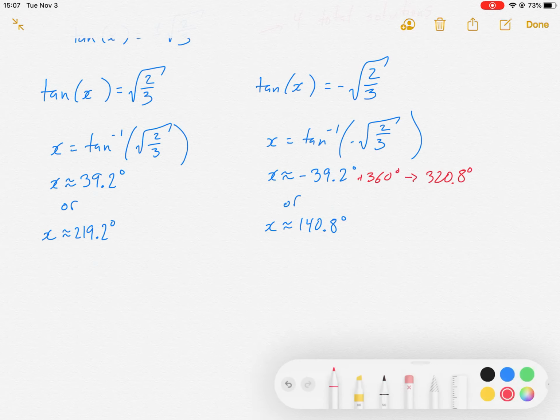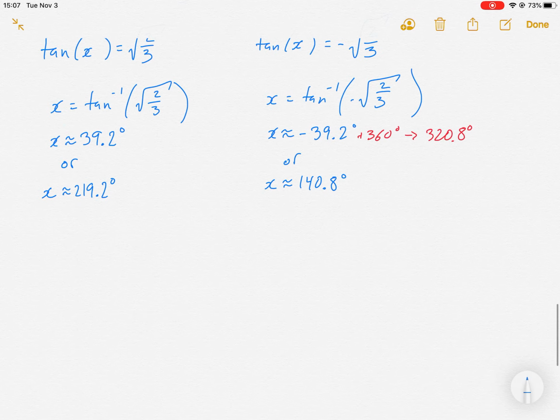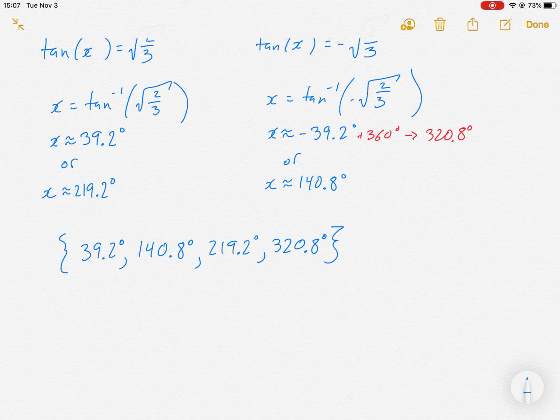So if I was to now write all of these out, we would say the solution set would be 39.2 degrees. I'm going to go in order, so the next one will be 140.8 degrees. The next one is 219.2 degrees, and then finally we end up with 320.8 degrees.